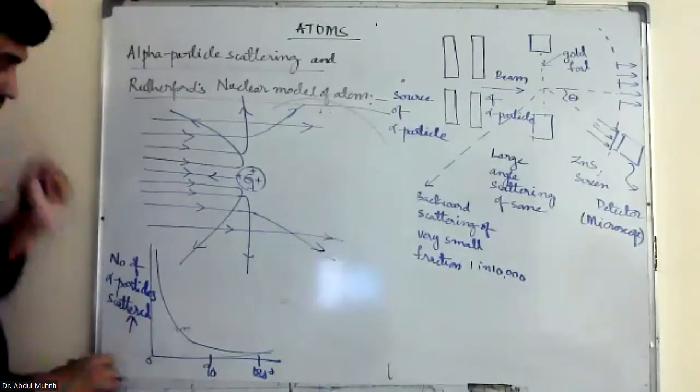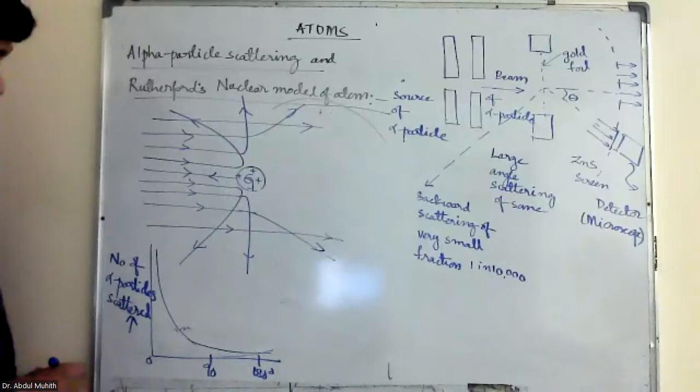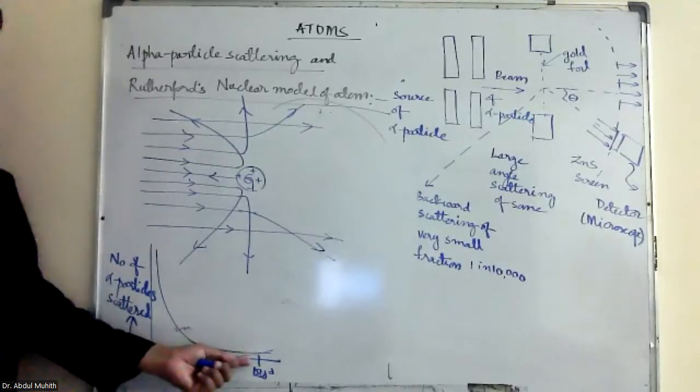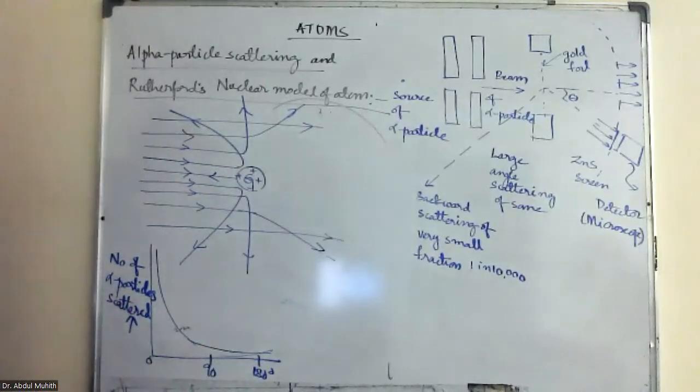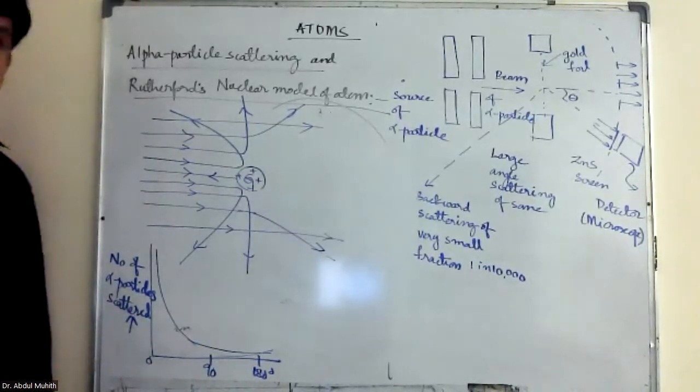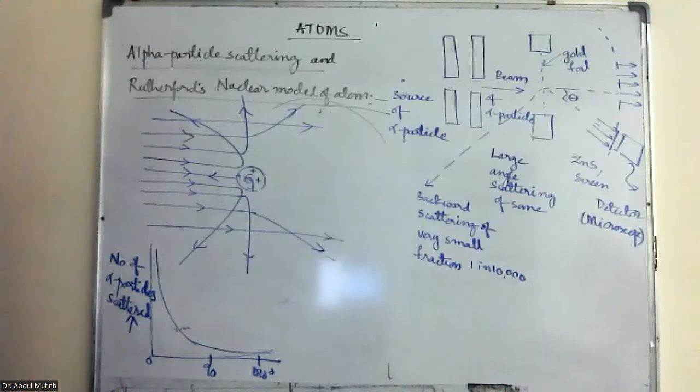As the angle increases, the number of scattered particles decreases. Very few, 1 in 10,000, will undergo 180-degree scattering. Otherwise, almost all are the same. Okay, clear? So most of the particles go straight with minor deviation.